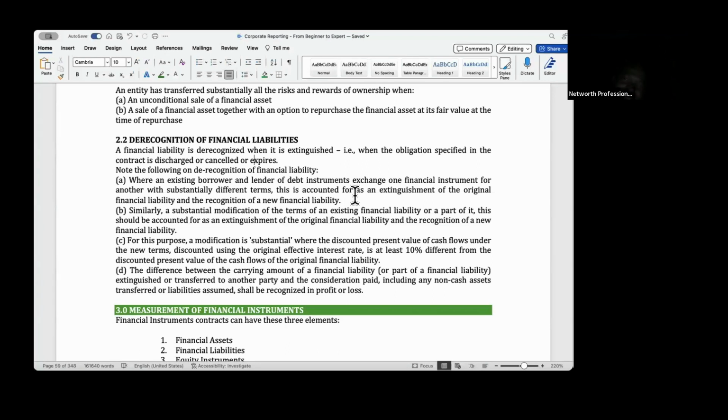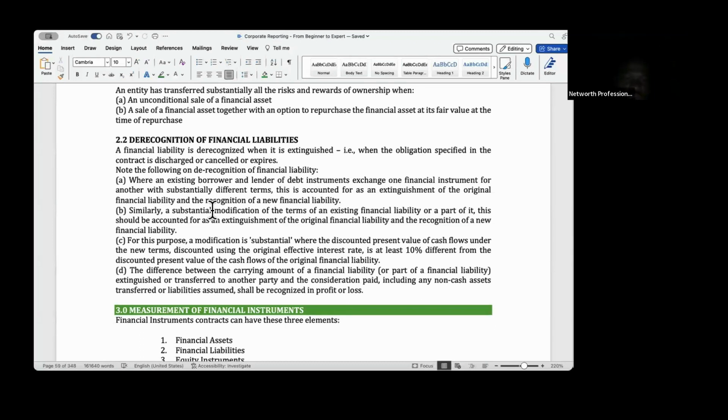That means the financial liability that you are transferring to another party, you have to derecognize that one. So exchange of financial liability can also lead to derecognition.